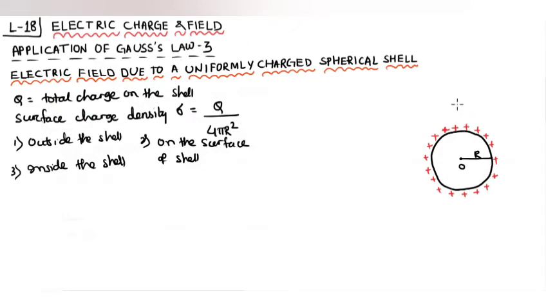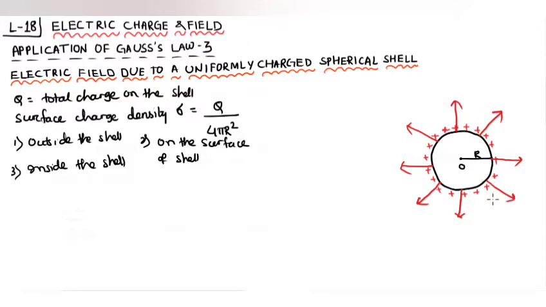So the electric field lines will be like this, they will be radially outward. So this red arrow mark represents the electric field lines due to this spherical shell. So remember that the electric field lines due to a positively charged body are radially outward. So these are the electric field lines.